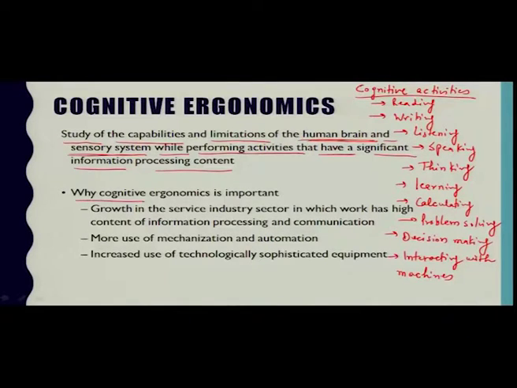So why is cognitive ergonomics important? Because of the growth in the service industry sector, in which the work has high content of information processing and communication, since more use of mechanization and automation, because of which we need to be aware of the control processes that were previously performed manually, and the increased use of technologically sophisticated equipment that is cognitively more challenging to operate, maintain and repair.